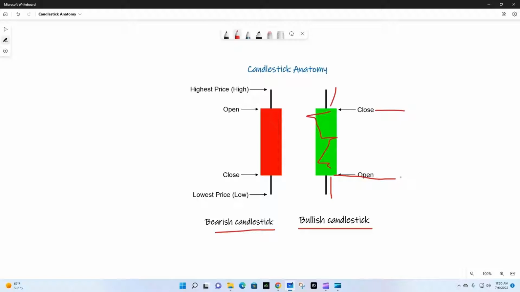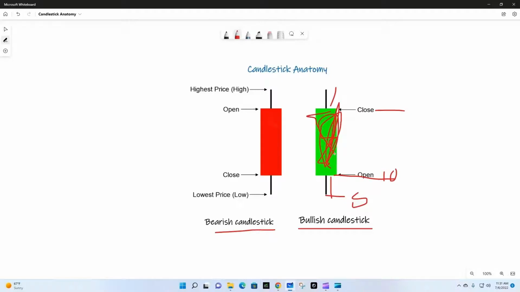So for example, when you look at this bullish candle, we open price here at, let's say, $10. Probably price went as low as $5, the lowest point, then price ranged within this area during the market session.